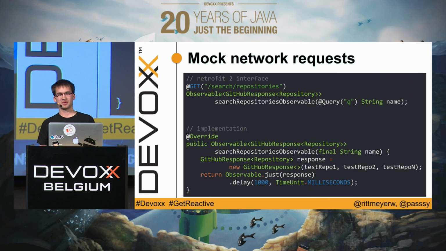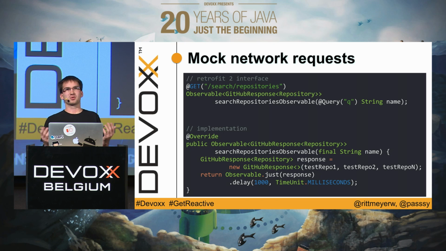Another big benefit of using Retrofit, or not only about Retrofit, but making network calls as observables: I was in a sprint review and the server was not working, or maybe the Wi-Fi wasn't working, and I wanted to show a network call and it just didn't work.